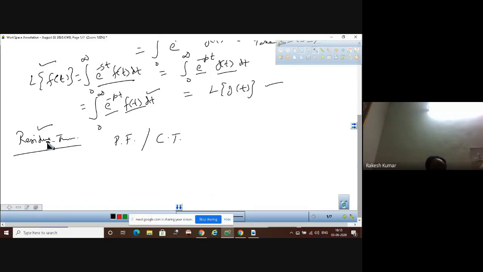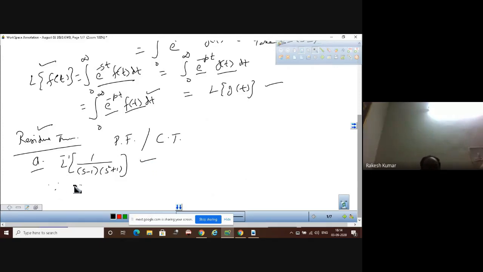So the question is, you need to find the inverse Laplace transform of the function s minus 1 upon s square plus 1. We need to find it by the method of residues only.